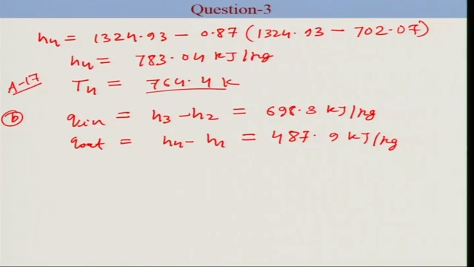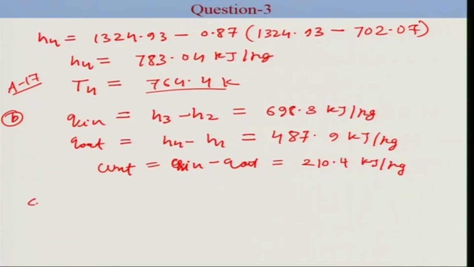So, W net will be Q in minus Q out. So, this will be equal to 210.4 kilojoule per kg.